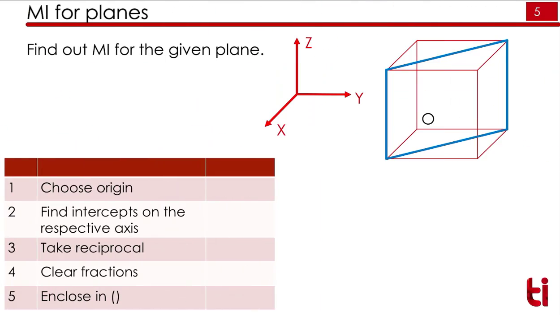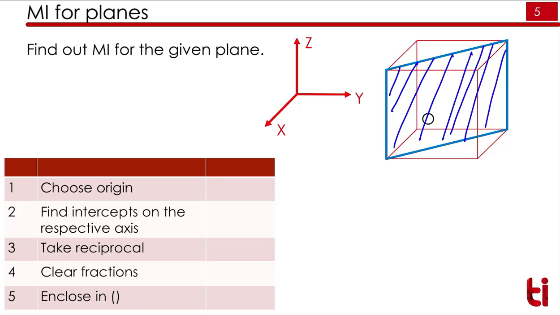Another example here. I will shade this plane first. First we have to choose the origin that we have already taken. Then find intercept on the respective axis. So this is X axis, this is Y axis and this is Z axis. Intercept on the X axis is equal to 1. This is X equal to 1.